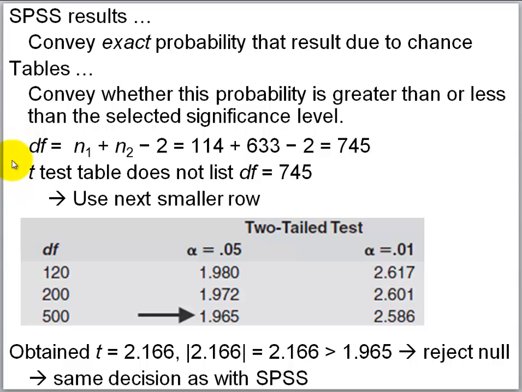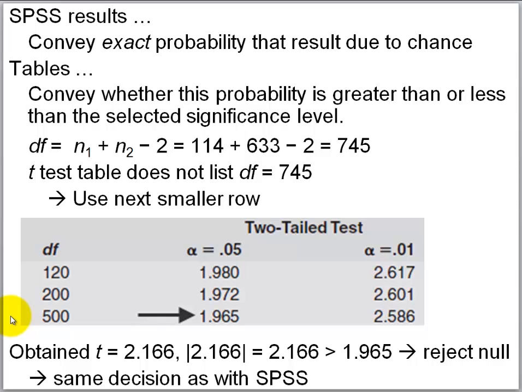Recall that we had 745 degrees of freedom. Oftentimes, a t-test table does not list the precise degrees of freedom that are associated with a given t-test. Now, if you're using a table, what you need to do if the precise degrees of freedom aren't listed is to use the next smaller row. So in our table at the back of the text, 745 is not listed.